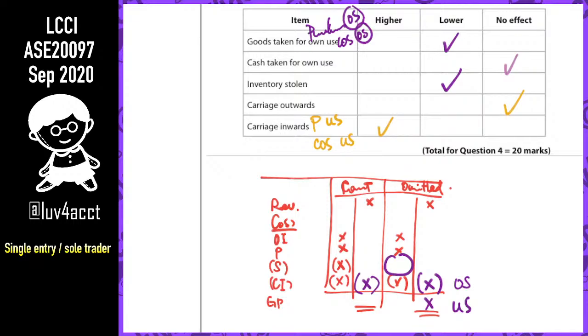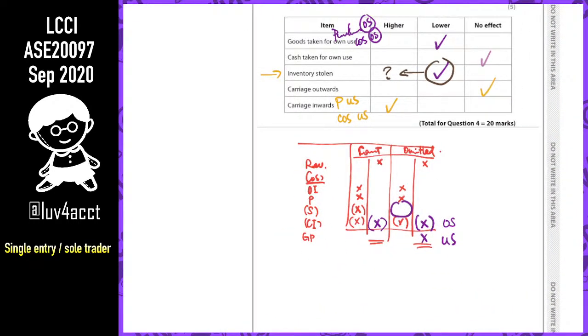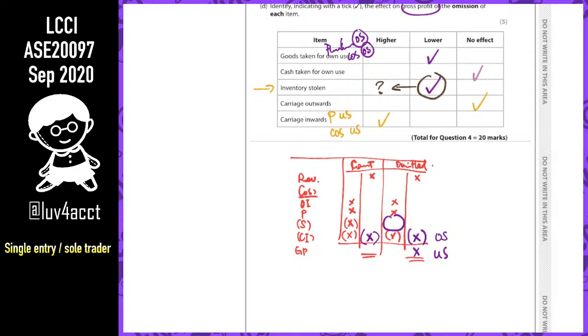Yes, if inventory stolen, I guess so. I have this doubt because I also looked at the answer key, and it says something different for inventory stolen. I don't know why, because if inventory stolen is omitted, then the gross profit will be understated.